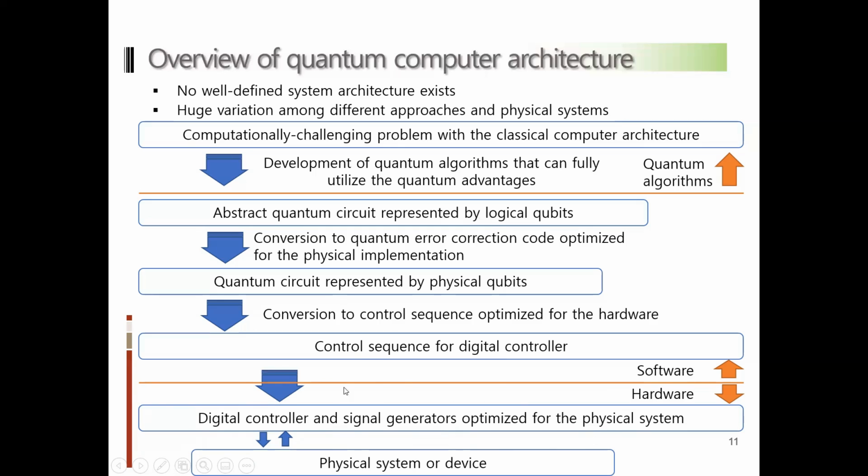So this might be the hardware level, and there are also a lot of things we need to optimize. For example, I already showed you that the physical qubit will have a lot of errors, so to mitigate those errors, we have to design the logical qubit or quantum error correction code.